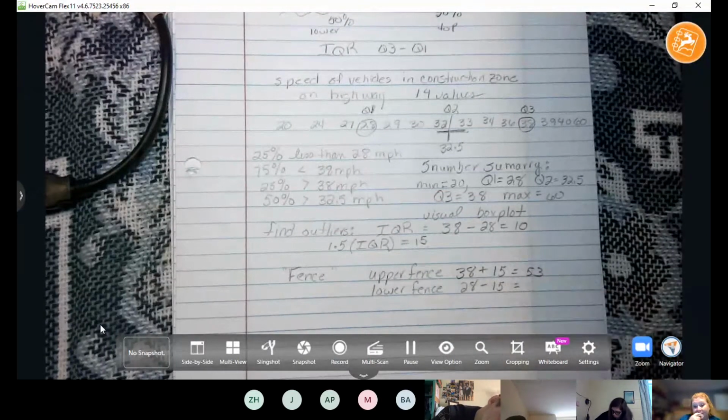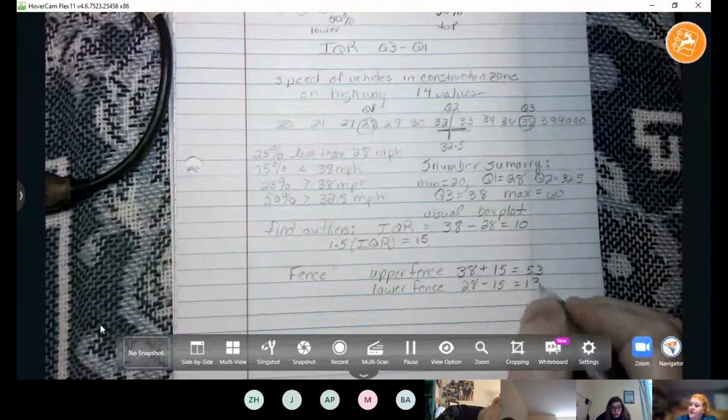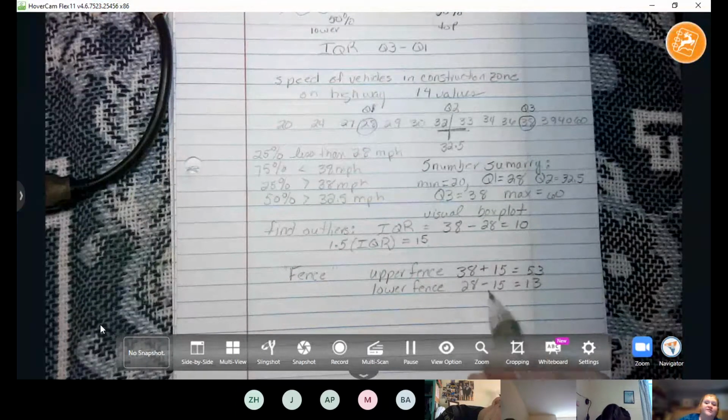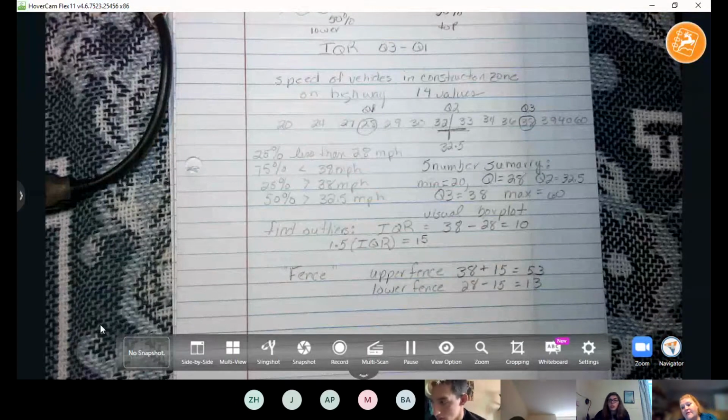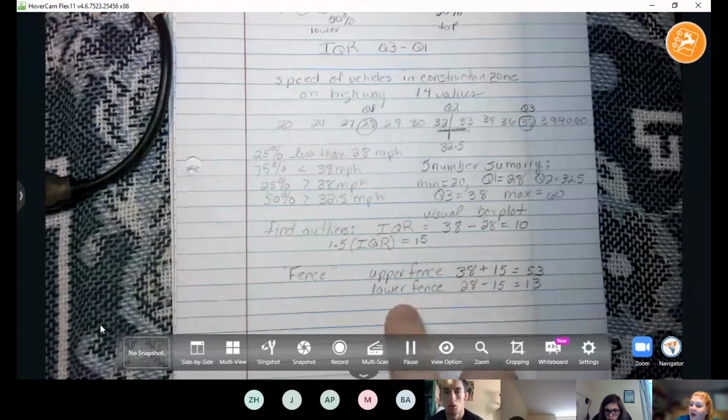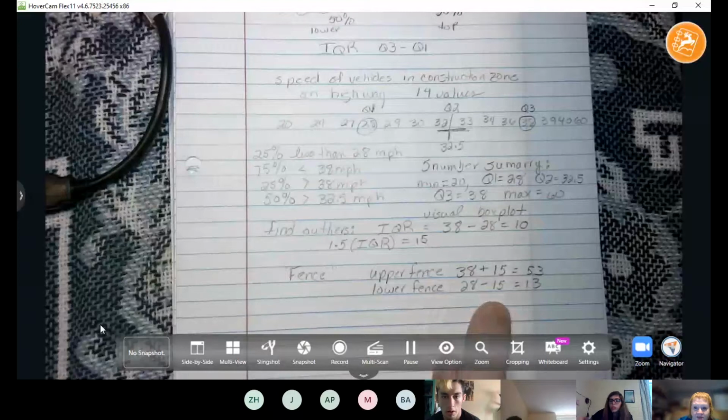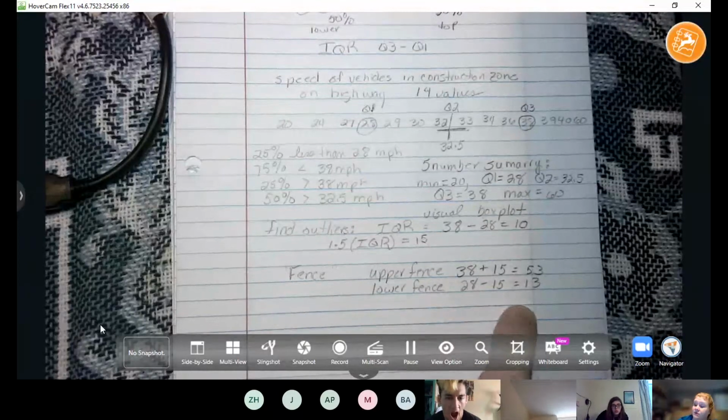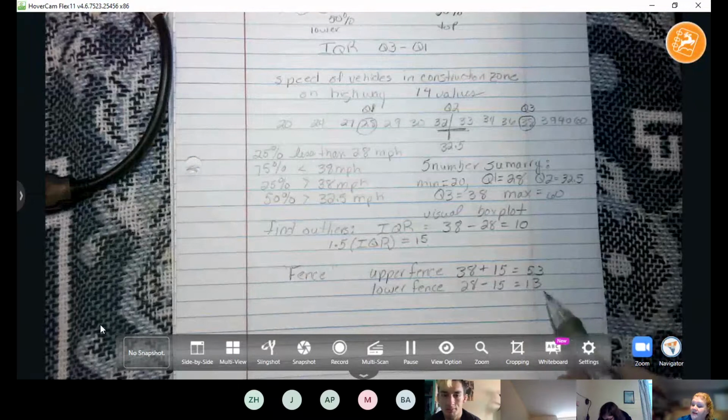What does that give us? $13. Now, when you do this lower fence, sometimes it's possible to get a negative value. Don't let that throw you off. It is possible that the lower fence goes into the negative values. So that is a possible answer for the lower fence.